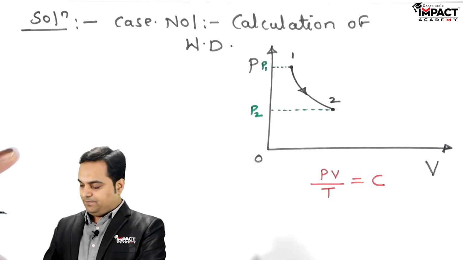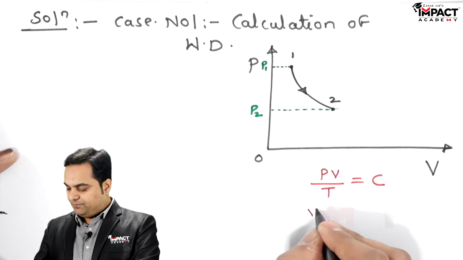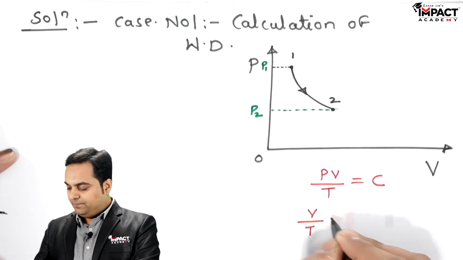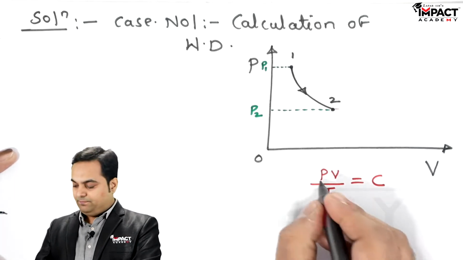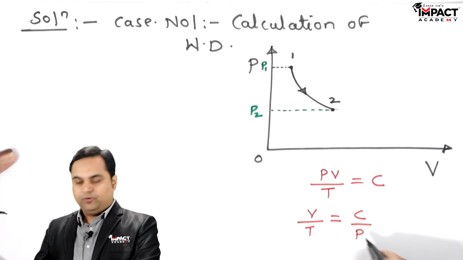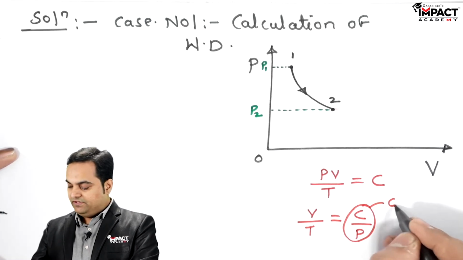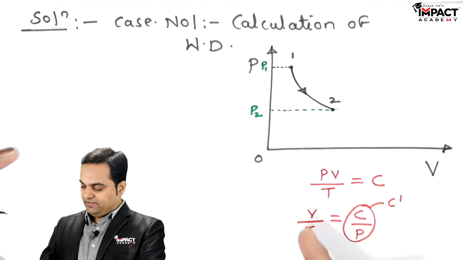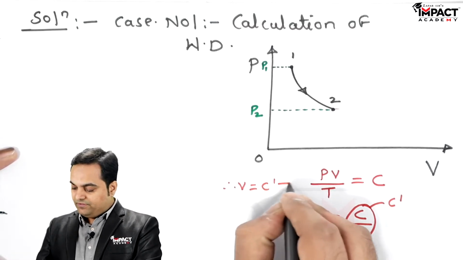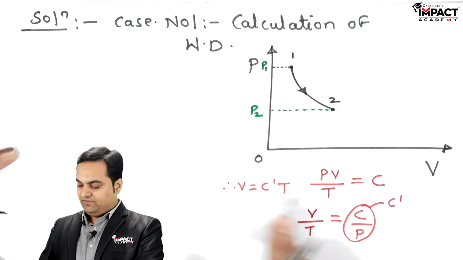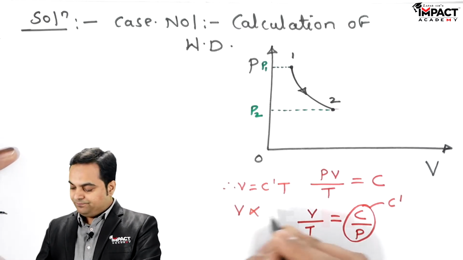Now here it is a constant pressure process, so V upon T will be equal to C upon P, which is another constant, that is C dash. So I can say that V is equal to C dash into T, and when I remove this constant, we have the proportionality sign.